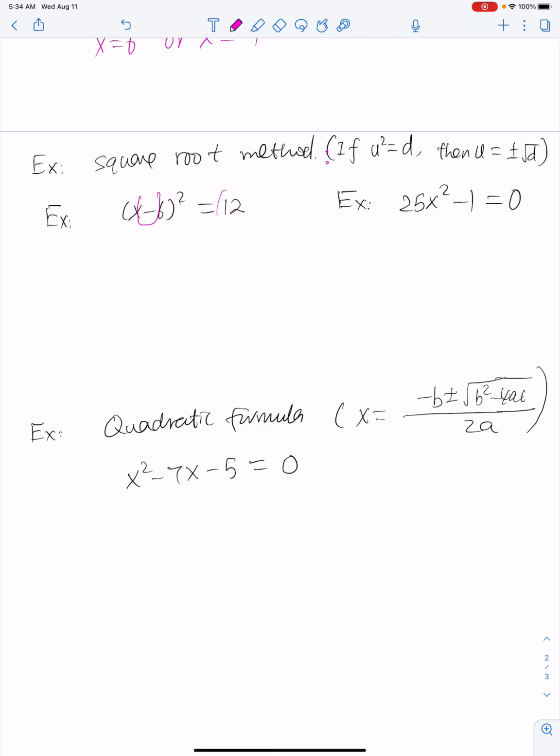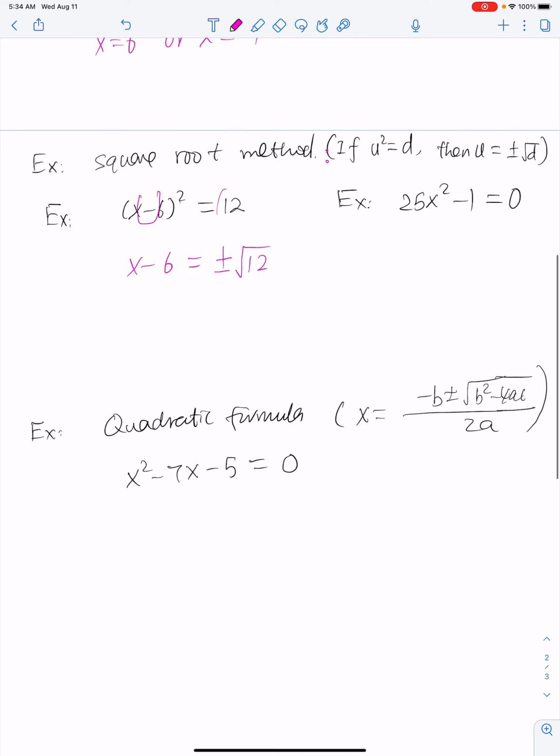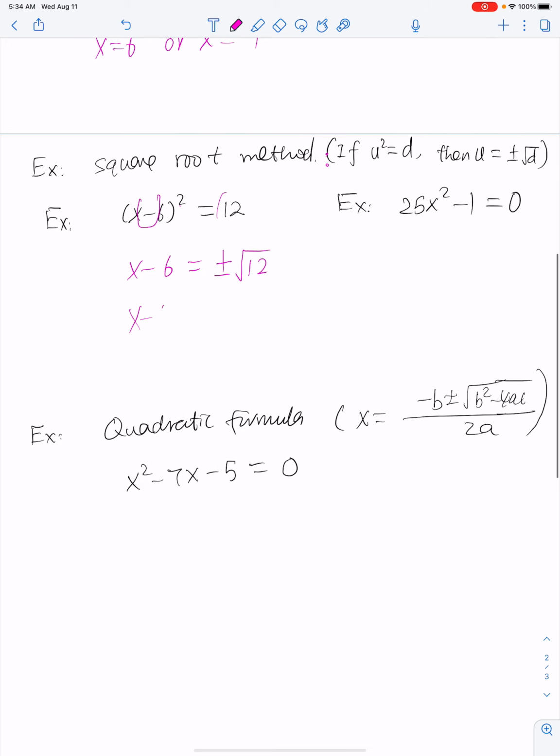With me? Then use the formula. x minus 6 equals plus or minus the square root of 12. Could you simplify the square root of 12?